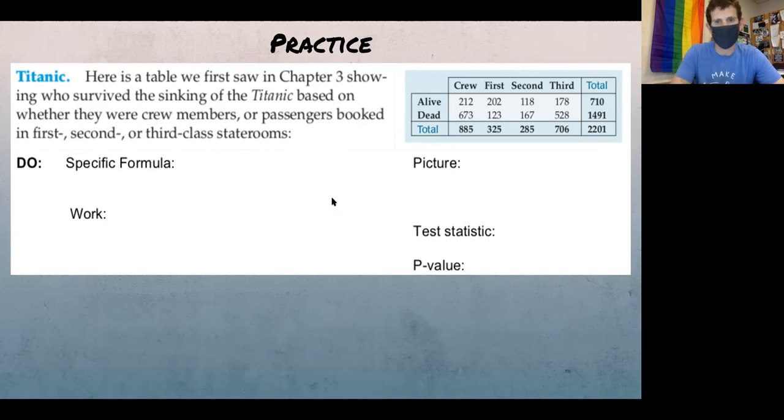I'll have that just written on the screen. I want you guys to come up with your answer, but you can put on the screen here what you're coming up with when you get to that point. But make sure you're checking your conditions as well and everything else. But there we go.